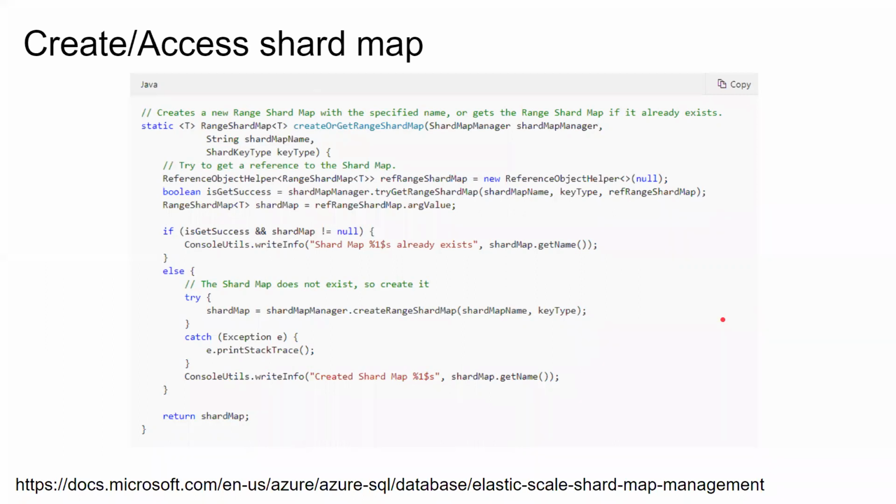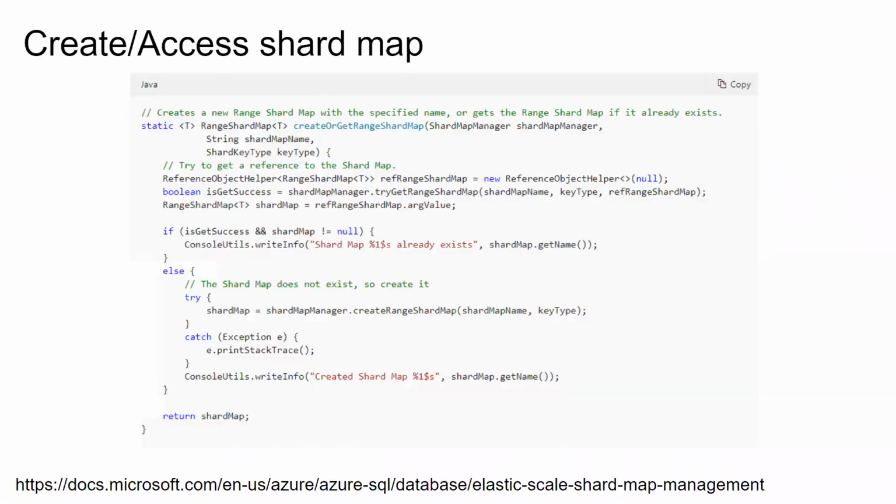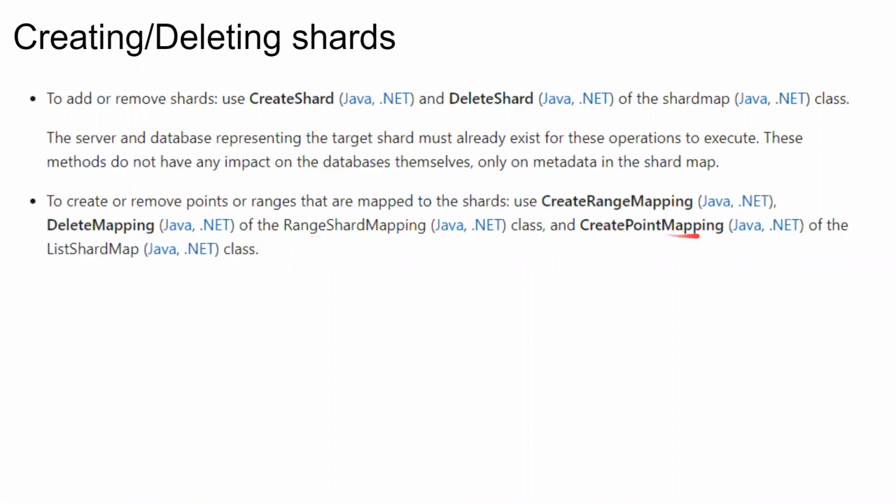So that was that. And then further, we talked about first getting a hold of the map manager, then we got hold of the map, which holds those mappings, and then there are other APIs where you can do all these specifics, create shard, delete shard, and all that. And for this mapping that we talked about, they have separate APIs too, to manage all these different operations.